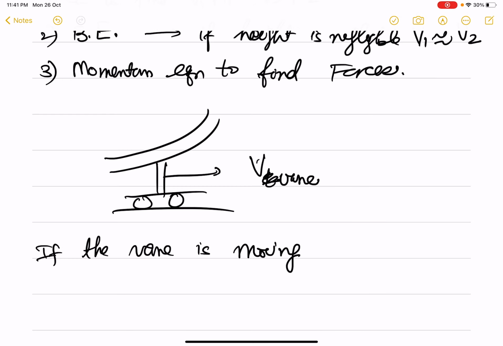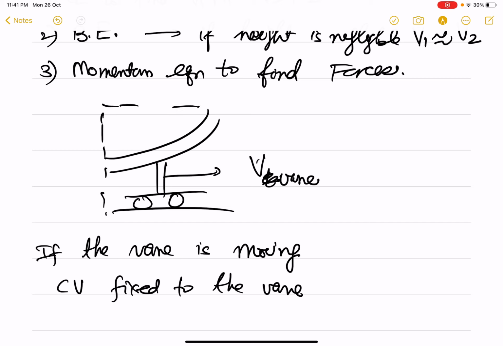The easiest way is to take a control volume which is fixed to the vane. So if I take a control volume, which I am showing now by a dotted line, which is fixed to the vane.